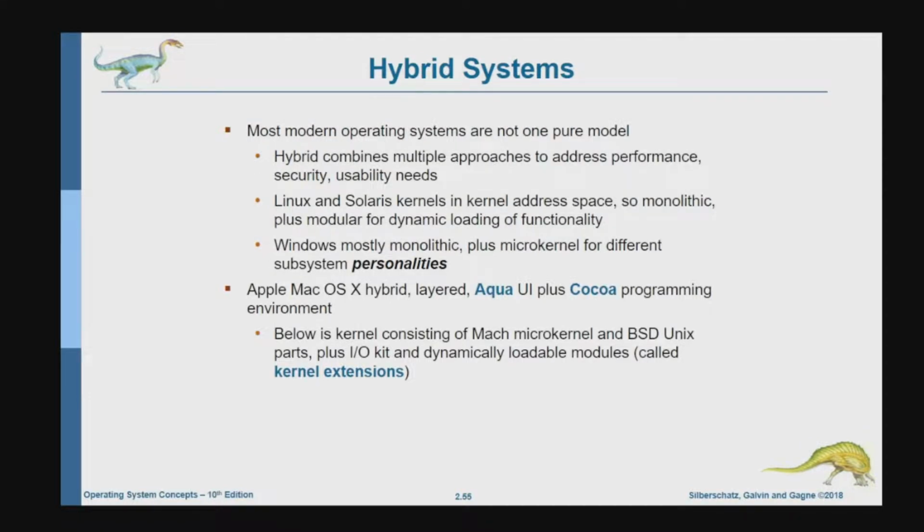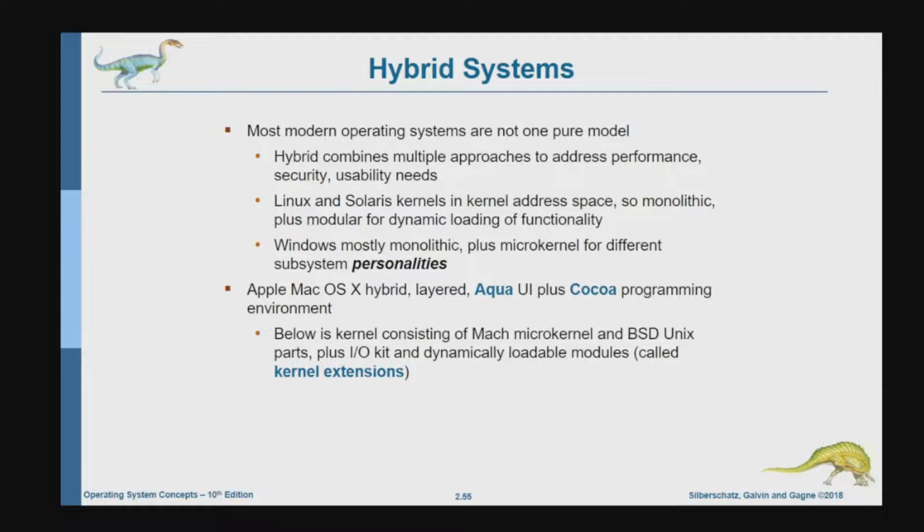We also have the hybrid system. Most modern operating systems are not a pure model. Mostly we mix them together with other models. So hybrid combines multiple approaches to address performance, security, and usability needs.